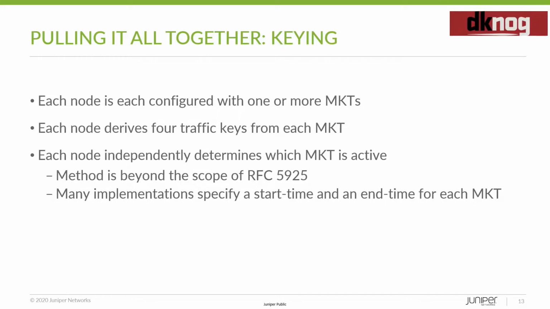The traffic keys are then used for hashing and validating your data. And one more thing is that today, you could technically use any method you want to synchronize when you're going to switch over to another MKT. There is nothing in the spec that says anything.